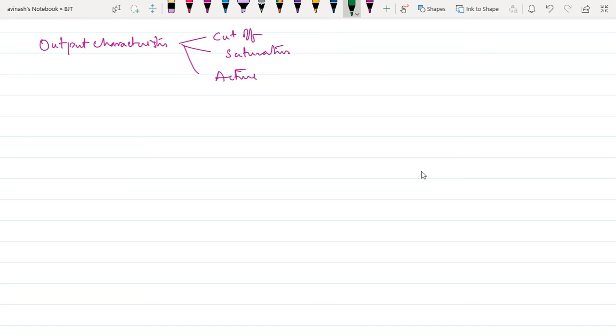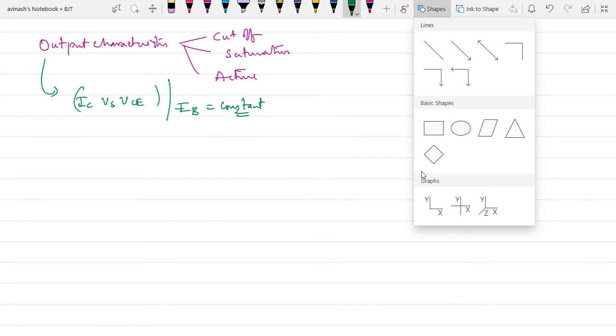So this is the output characteristics plotted between IC versus VCE. What is constant here? IB. Input current should be constant.